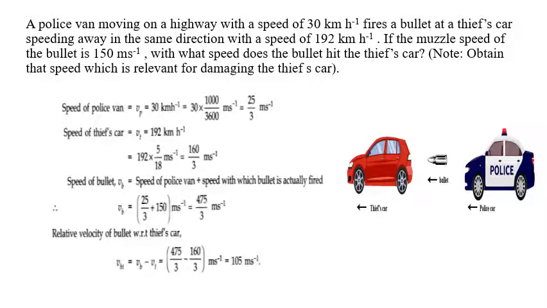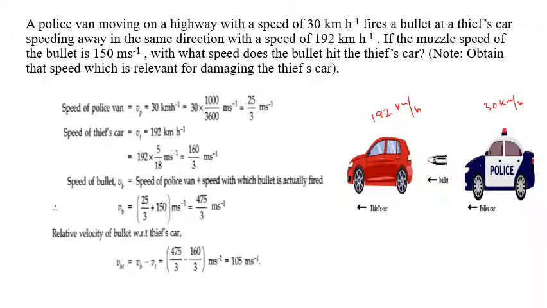Next question, students. A police van moving on a highway with the speed of 30 km per hour. So speed of the police van is 30 km per hour. Fires a bullet at a thief's car speeding away in the same direction with a speed of 192 km per hour. Right?